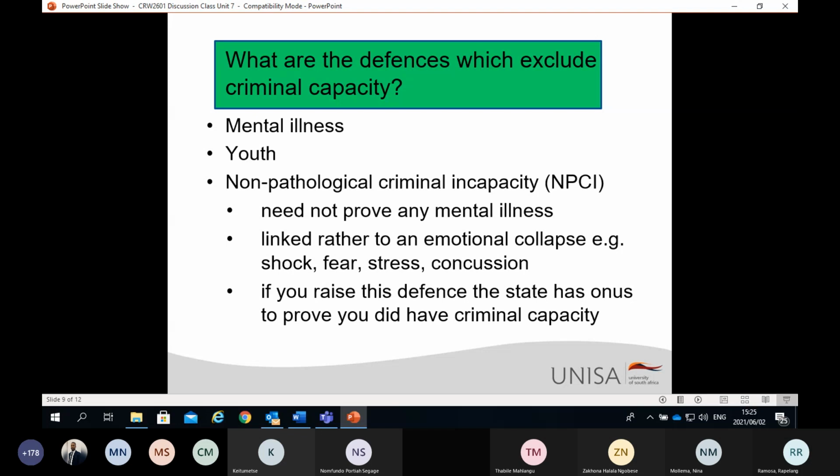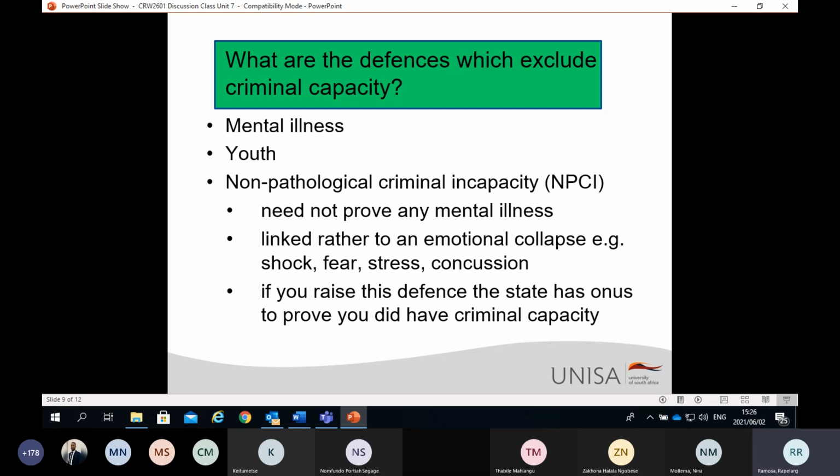Now, today, we're going to cover the third aspect that you are seeing on the slide here, the aspect of non-pathological criminal incapacity, otherwise also called the general defense of criminal incapacity.